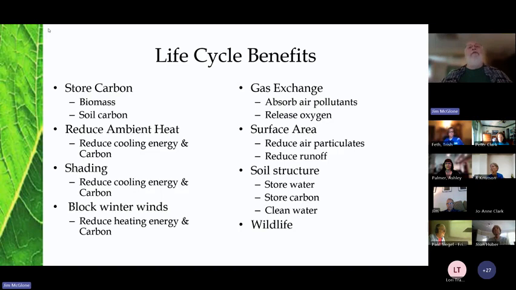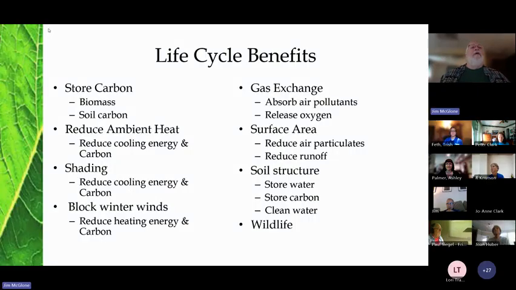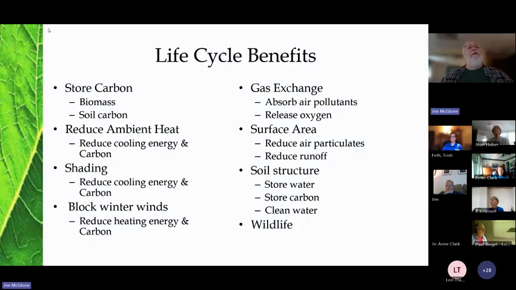They do a lot of things that we find beneficial, but these are things that trees would continue to do whether there were people around to appreciate and benefit from what they're doing. A lot of what the tree's life cycle is about is processing carbon. They take in carbon dioxide, they go through photosynthesis, they make sugars, and they burn those sugars in cellular respiration.